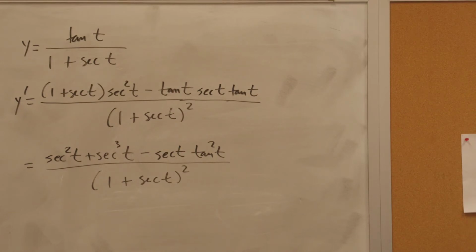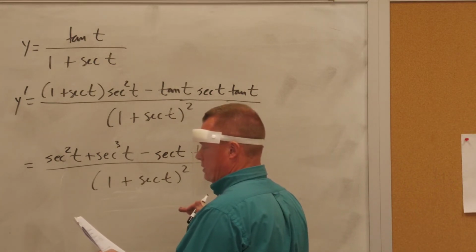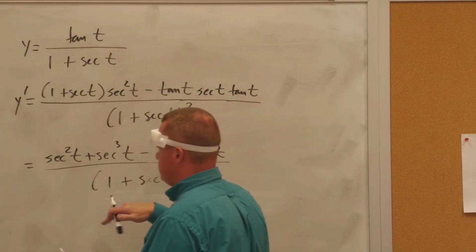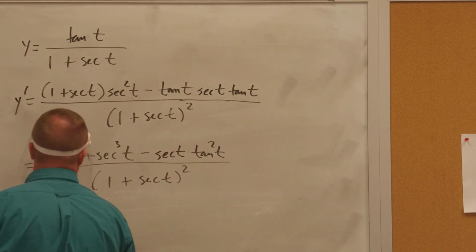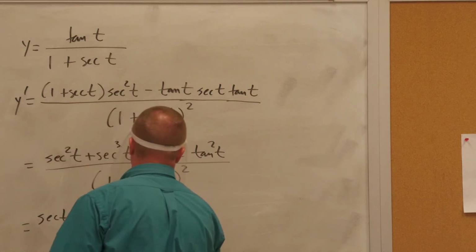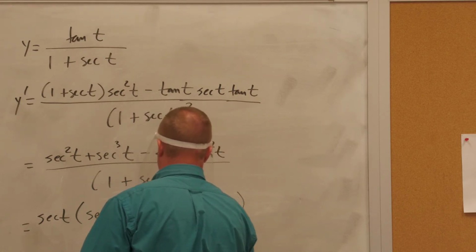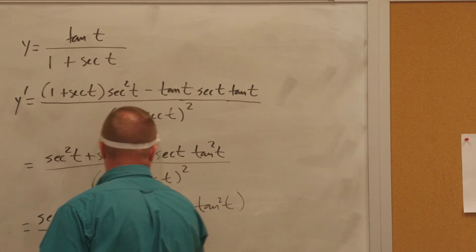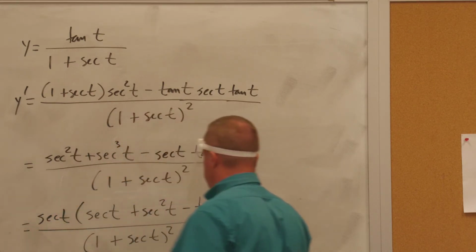All right, so now that we've multiplied out the parentheses, notice there is a secant in all of those. If we take that out, we get this secant plus secant squared t minus tangent squared t over 1 plus secant t squared, okay?